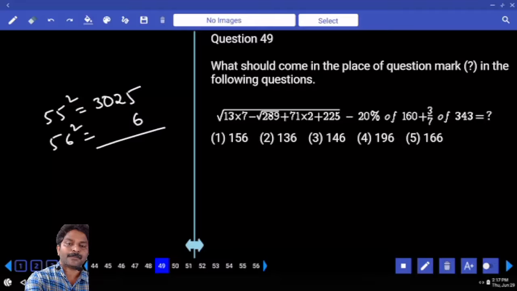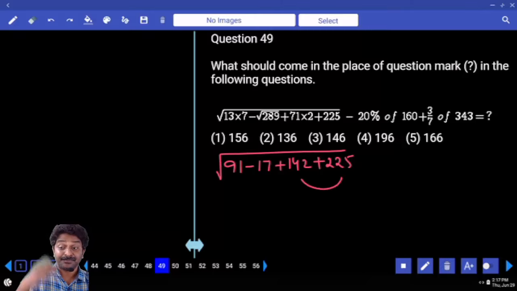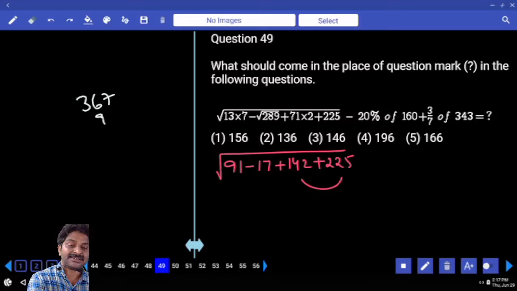Right. Under root of, first let's calculate this. 13 7 times, 91, minus 17, plus 142, plus 225. Okay. Now 225 plus 142, 367, plus 91.